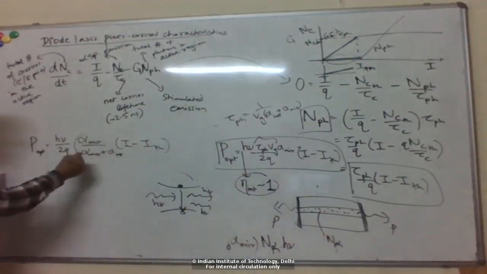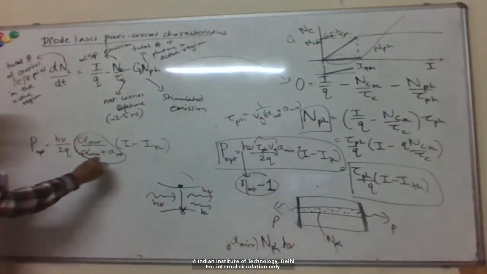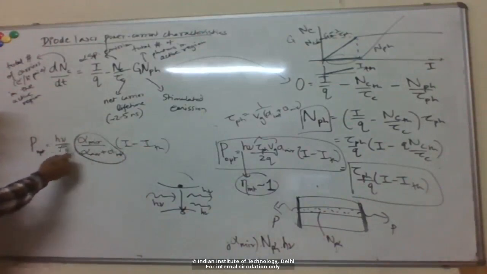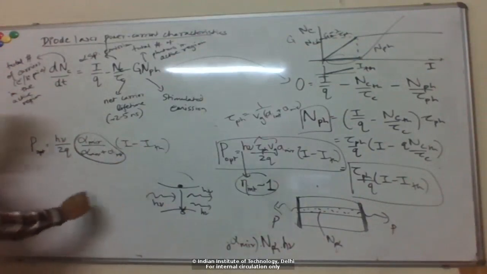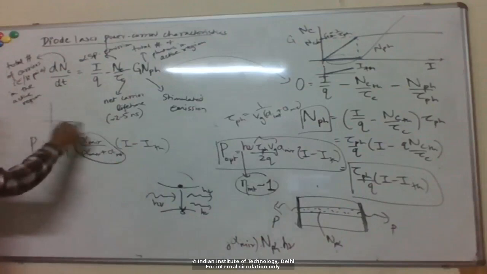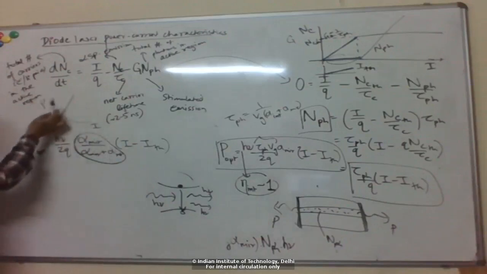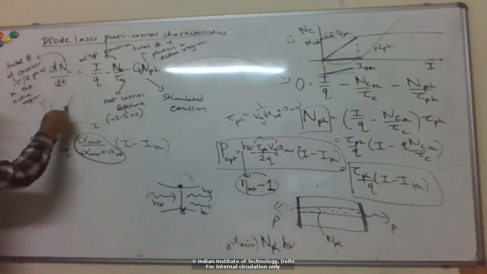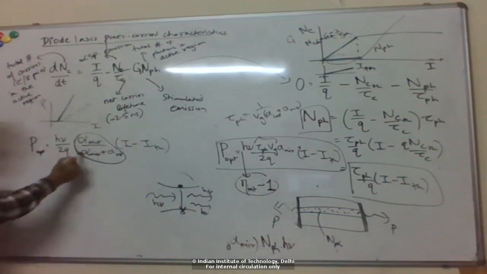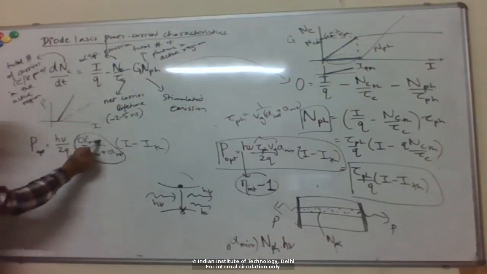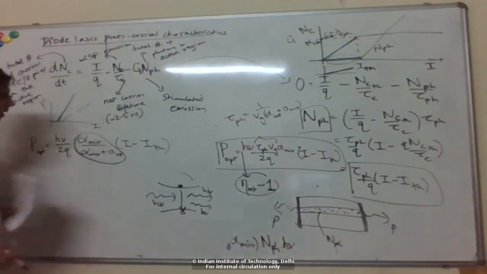So now you can see the determining factor for how efficient my device is, or basically how steep this slope is. If this slope is steeper, then my device is more efficient, as compared to a shallow slope. The slope is determined by this quantity, which is the ratio of the mirror loss to the total loss.